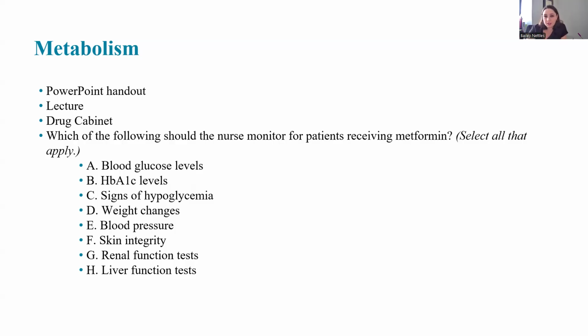But for metformin specifically, I don't remember it being hepatotoxic. If I'm wrong, I'm wrong, but I don't remember it being hepatotoxic. So I'm going to say no. And if I'm wrong, let me know. A, B, C, D, and G were the correct answers.